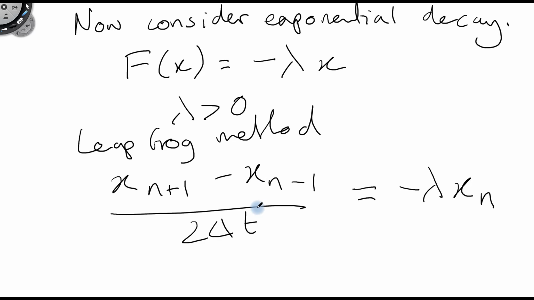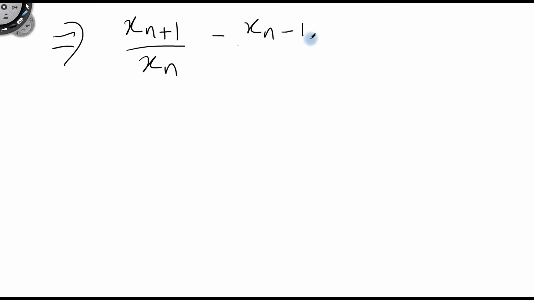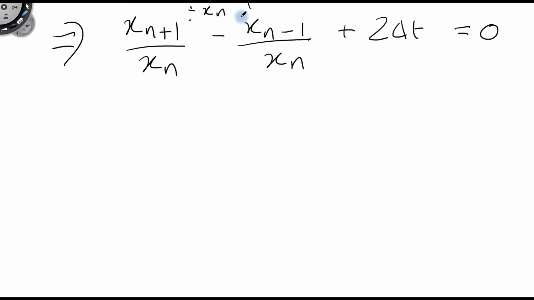So the first step is we're going to divide by x of n through this whole expression. That implies xn+1 over xn minus xn-1 over xn plus 2 delta t equals 0. So I've divided by xn and multiplied through by 2 delta t.